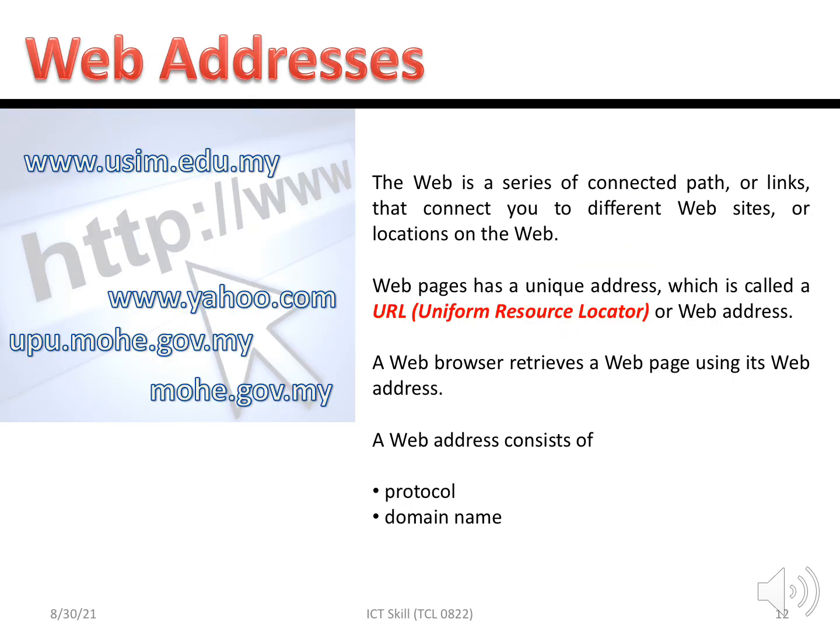Okay, next. When you go to a website, the most important thing is that first you have to know the link or the web address, which we call the URL. The full name of URL is Uniform Resource Locator.